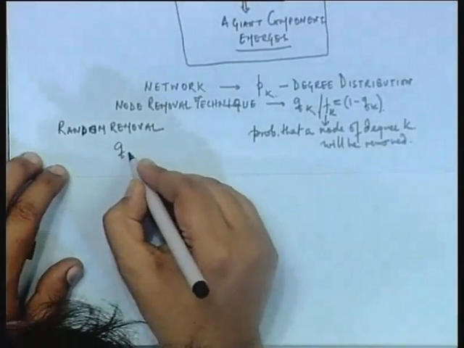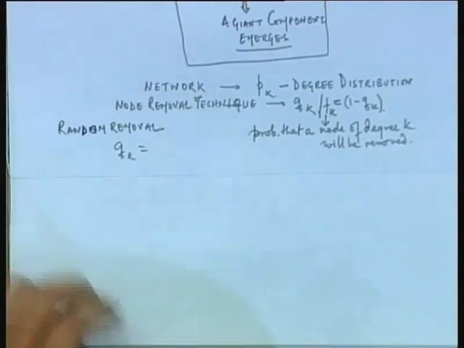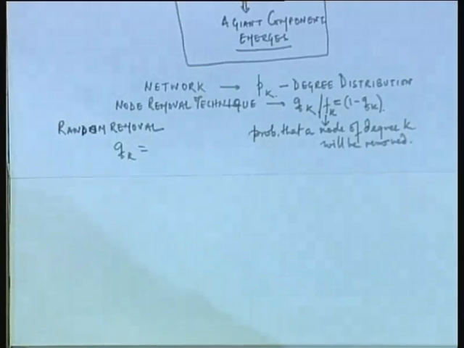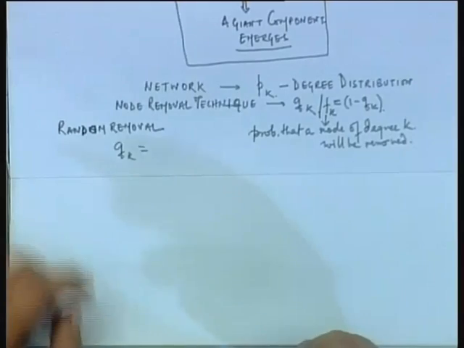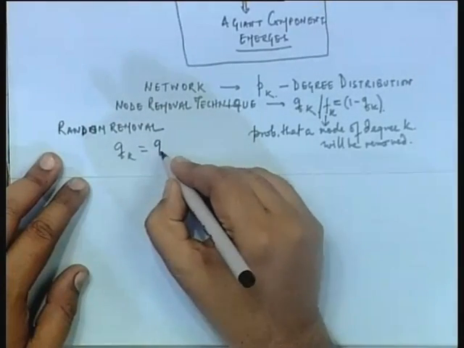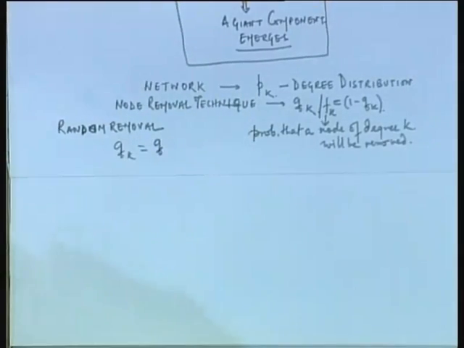Then what will Qk be equal to? It will be equal to Q. So subscript k is not needed. It will be some constant value for all. It can be 1 by n or anything, but it is independent of k.